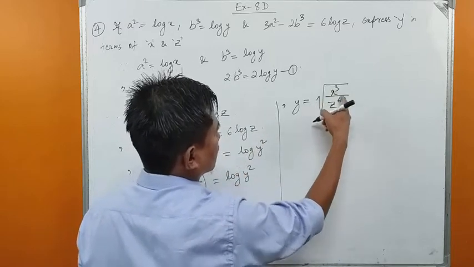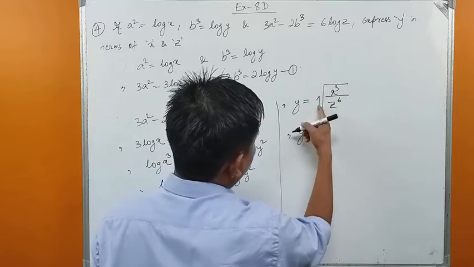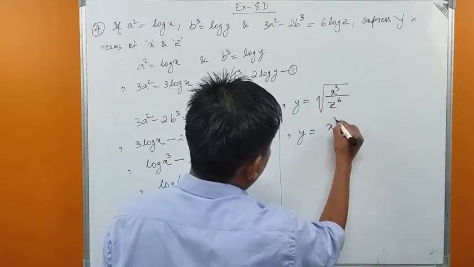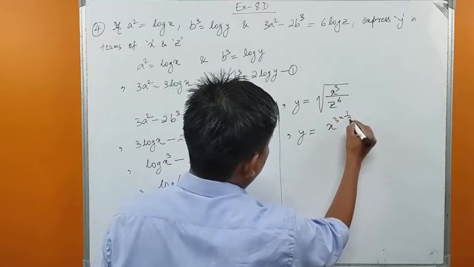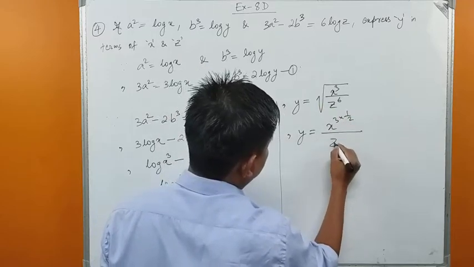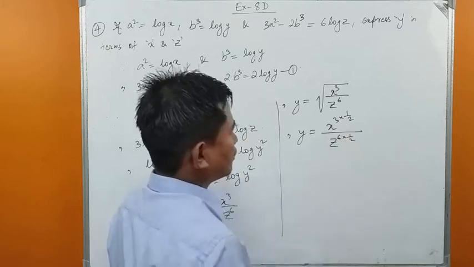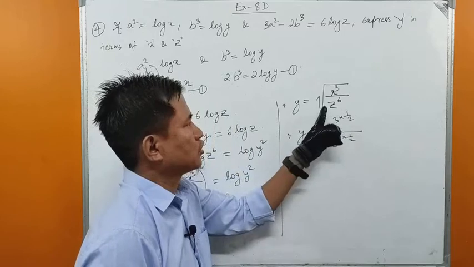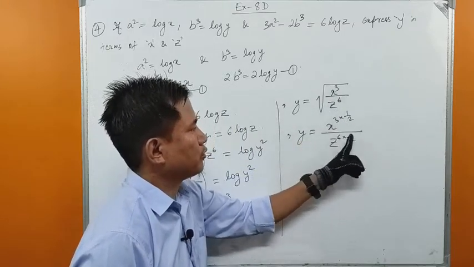This root is for both the numbers, numerator and denominator. So y equals, root means x to the power 3 into 1 by 2 divided by z to the power 6 into 1 by 2, isn't it? Root means 1 by 2, so 1 by 2 for both numerator and denominator.